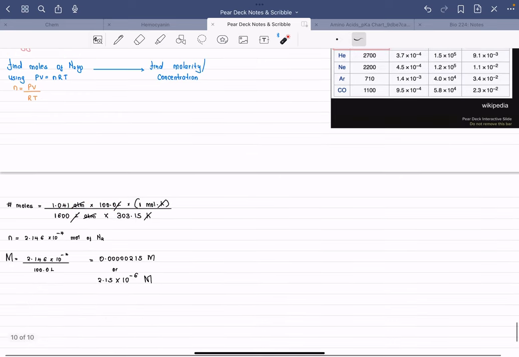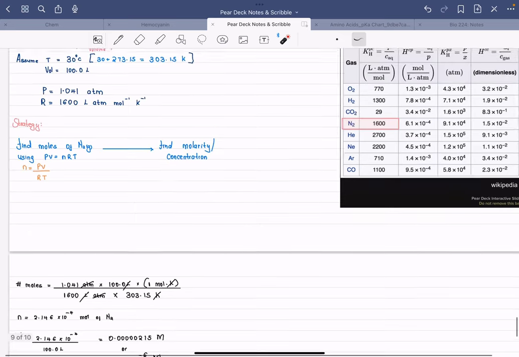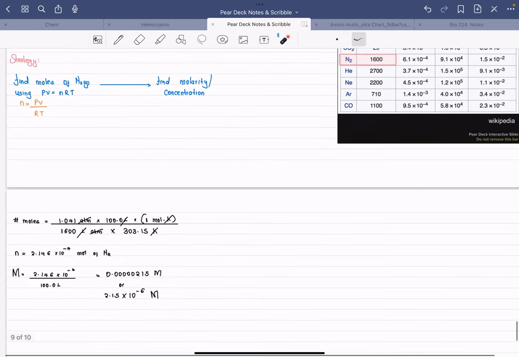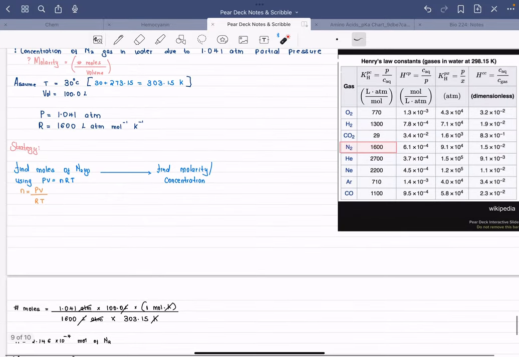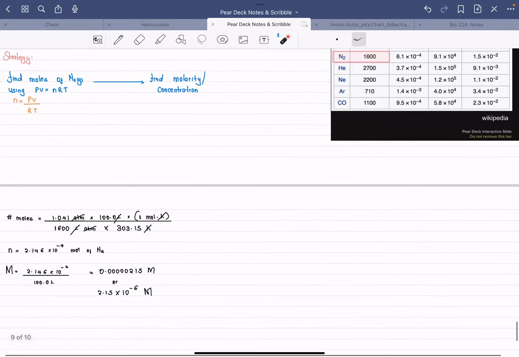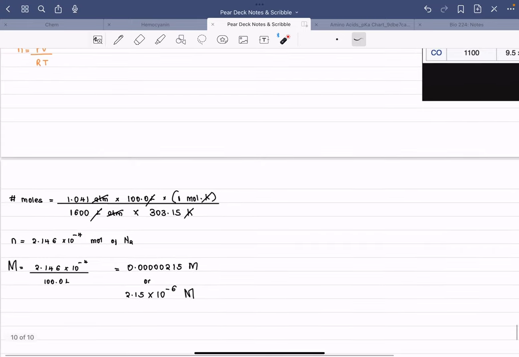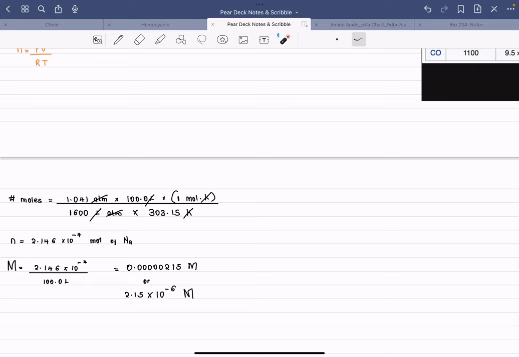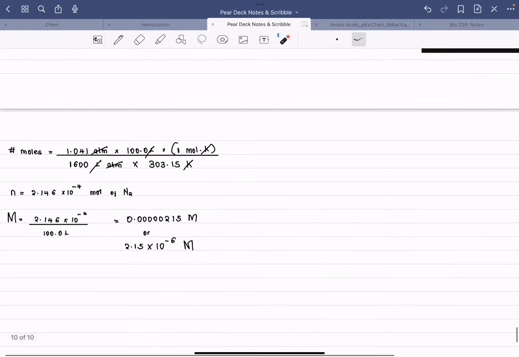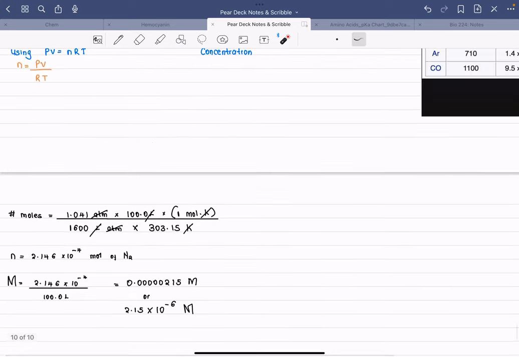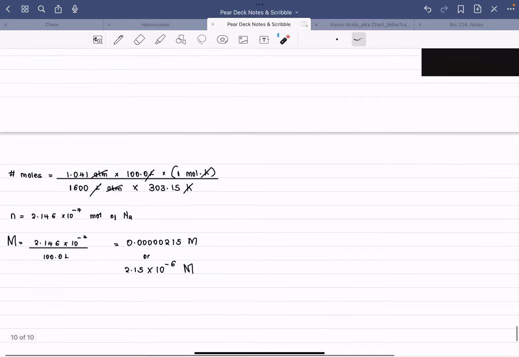And then I plugged this into my calculator, and I got the number of moles of nitrogen at 1.041 atm pressure is 2.146 times 10 to the power of -4 moles of nitrogen. And then I have the moles and I have the volume. So molarity equals moles over volume.